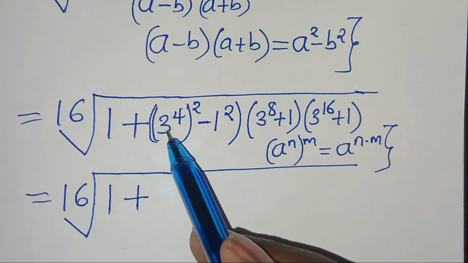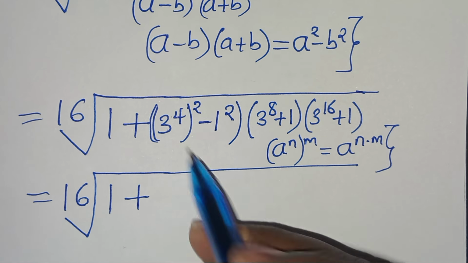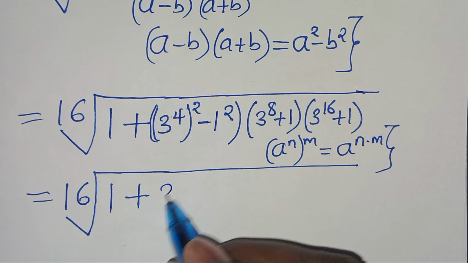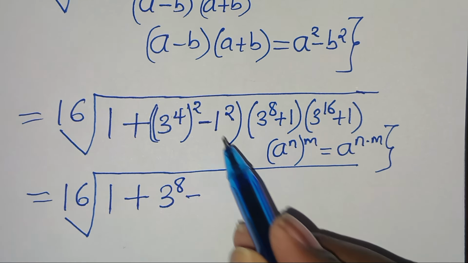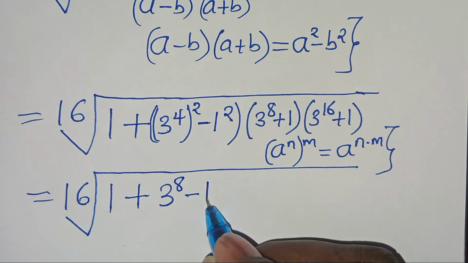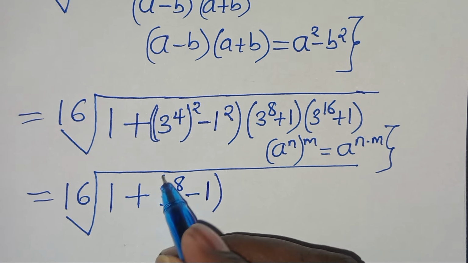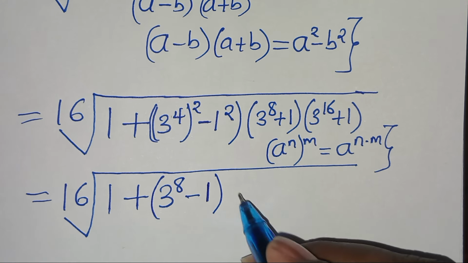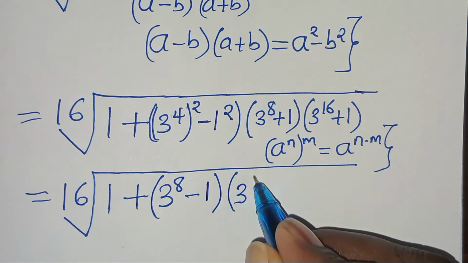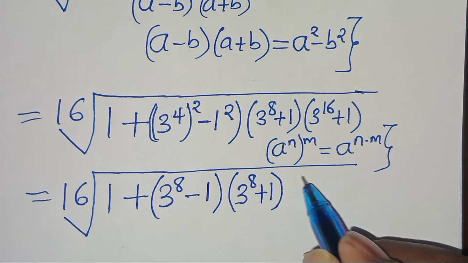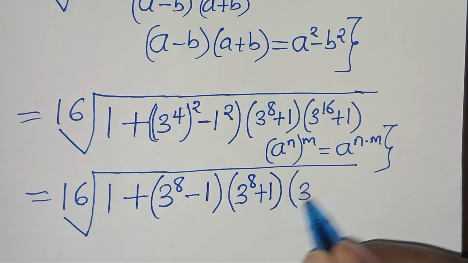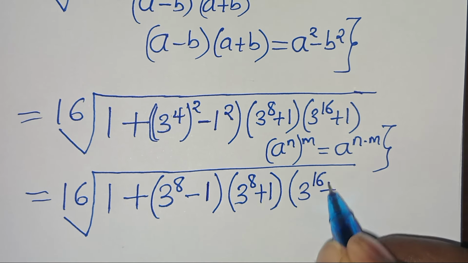So here we have 3 to the power of 4 multiplied by 2. So this becomes 3 to the power of 8. Then subtract 1 squared, which is the same thing as 1. So let's close the parentheses here, then multiplied by 3 to the power of 8 plus 1. Close the parentheses. Then here we have 3 to the power of 16 plus 1.